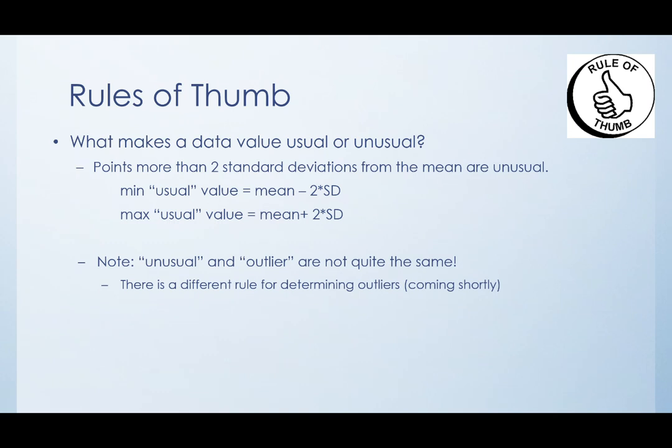Unusual is a more general term, and we're going to define that generally as points that are more than 2 standard deviations from the mean.